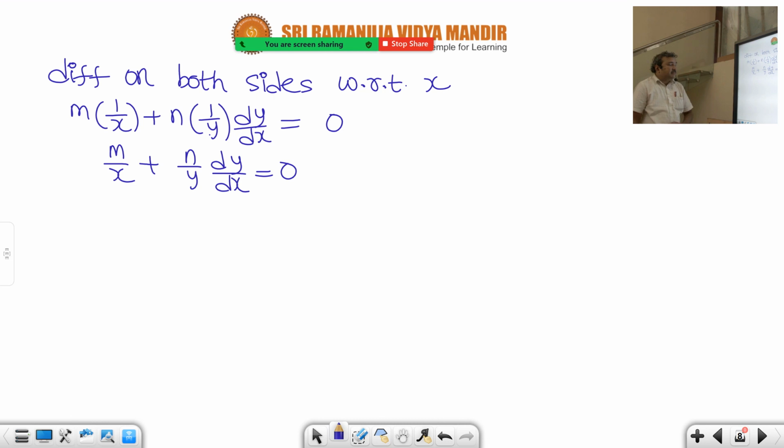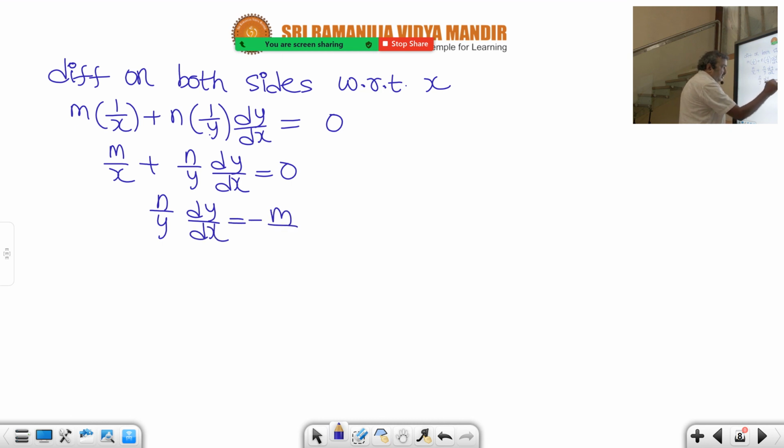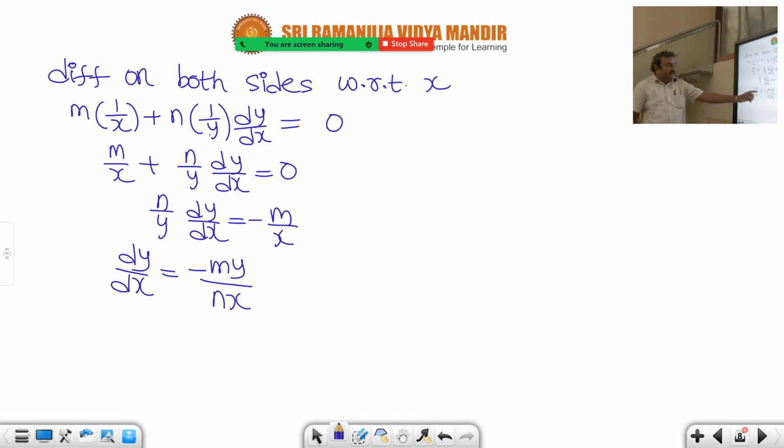Yes, once again maintain perfect silence. Right. From this m by x is shifted, minus m by x, n by y into dy by dx is equal to minus m by x. Correct? And this is shifted to right hand side. dy by dx is equal to minus my by nx.